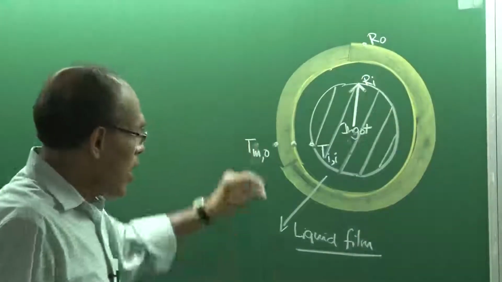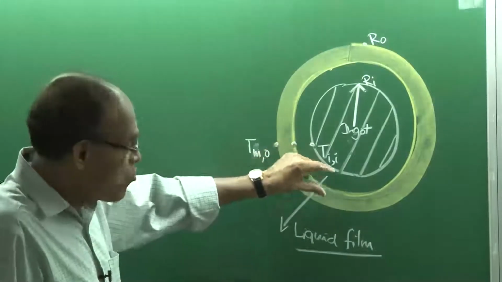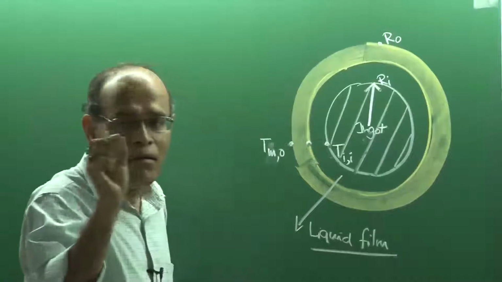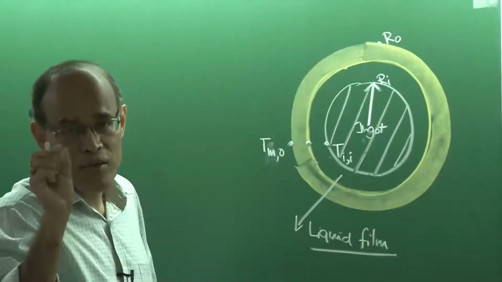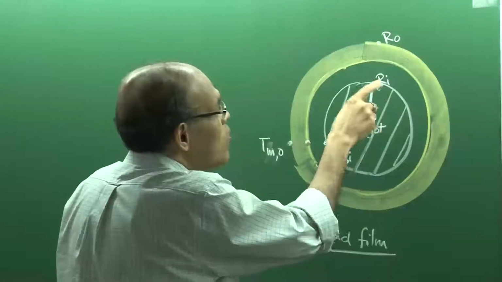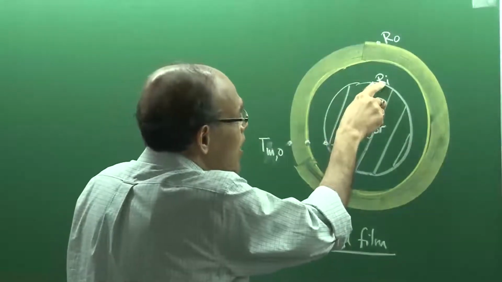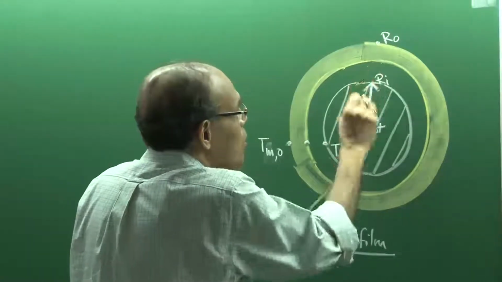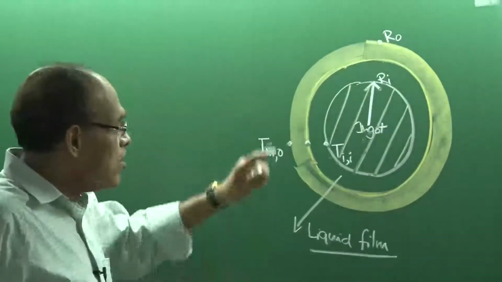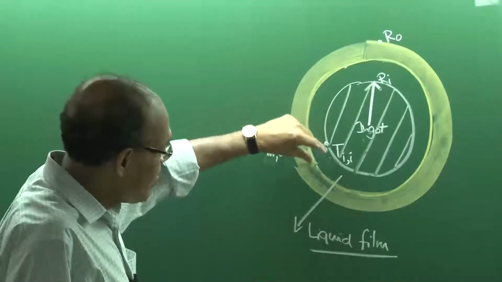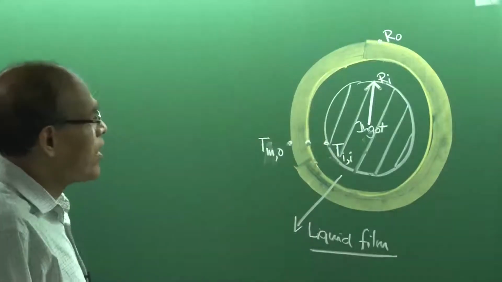Although I have shown it in a very pronounced scale, we must understand this film thickness could be only a few micrometers, a few microns only. So dimension-wise, this Ri is exactly equal to the inner radius of the ingot itself, because the film is not as thick as I have depicted in the figure.